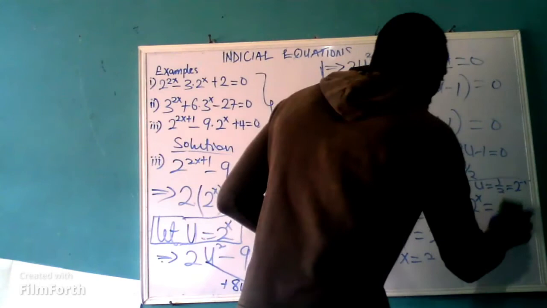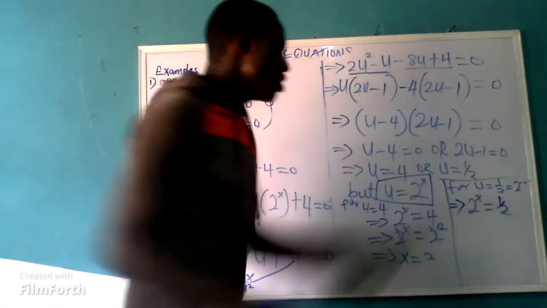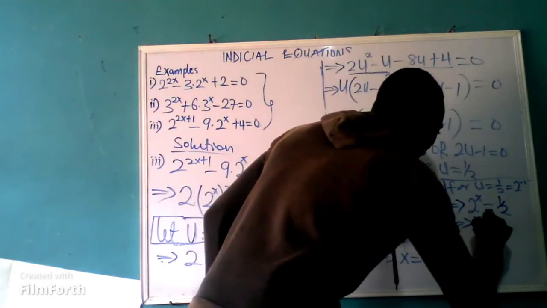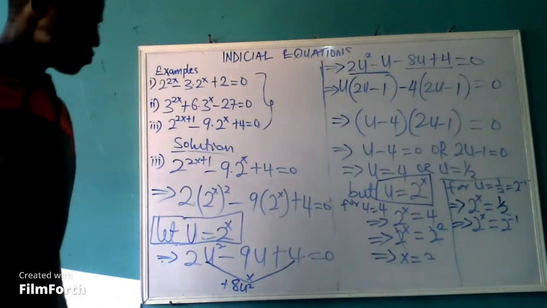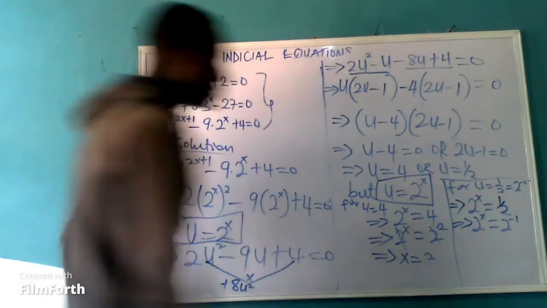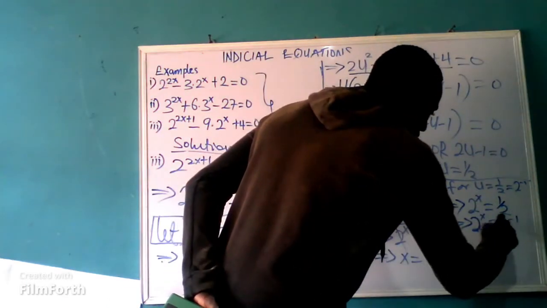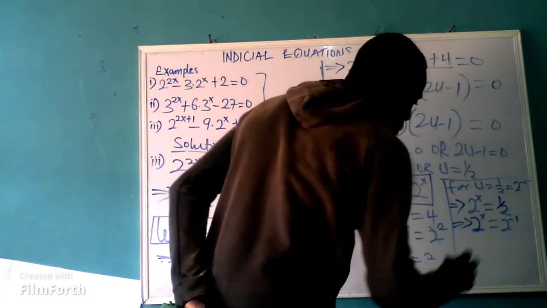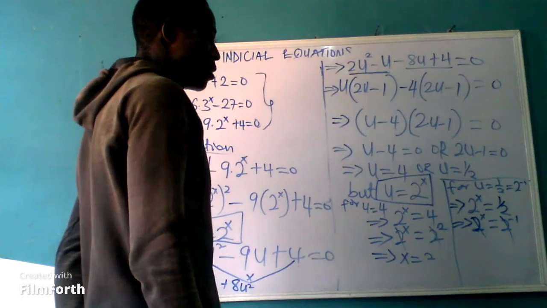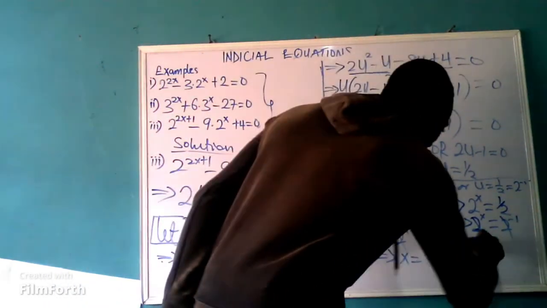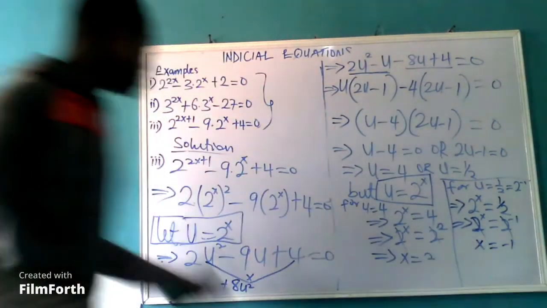And from here, since you have this base and this base to be common, they will cancel out each other. So that your x will be equal to minus 1. This is another value of x for which this equation is true.